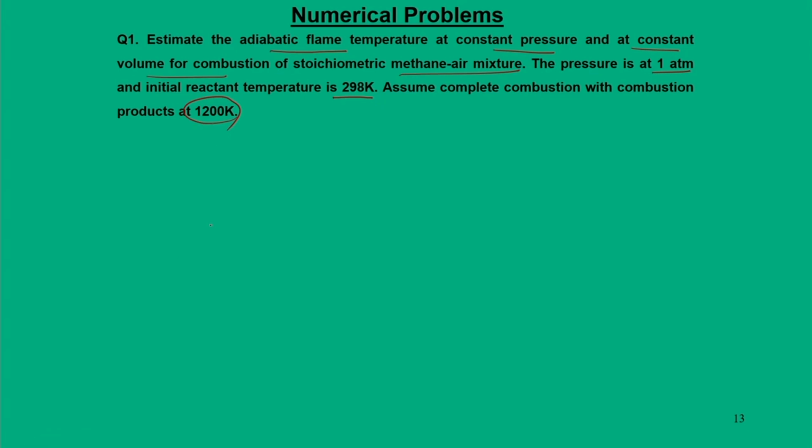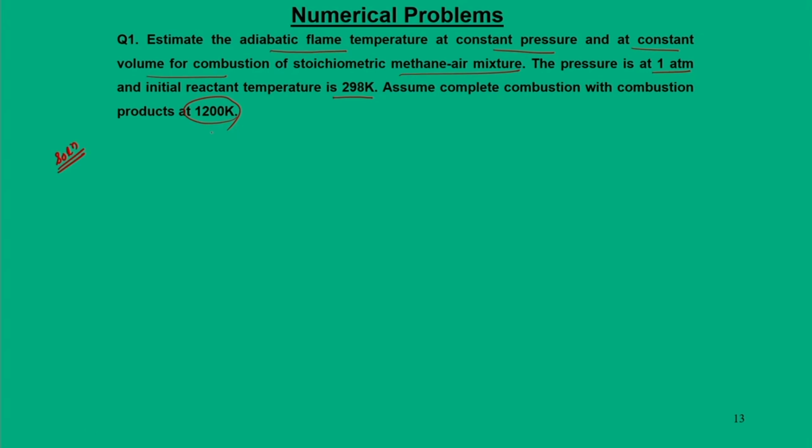This information is required mainly because all the properties need to be evaluated at this temperature. To solve this problem, there are two cases: one is the constant pressure case, the other is the constant volume case.